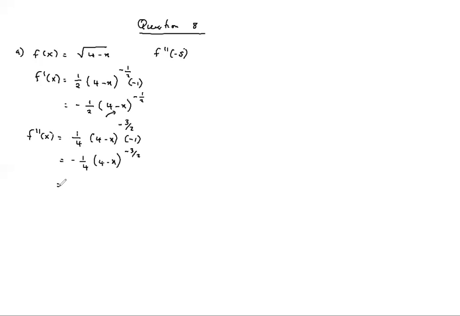Then substitute where there is x now in this function, substitute -5. So you're getting negative that, (4 minus -5) to the power -3/2. That is -1/4 (4 plus 5) to the power -3/2. That is -1/4 times 9 to the power -3/2. So write it in the right order.